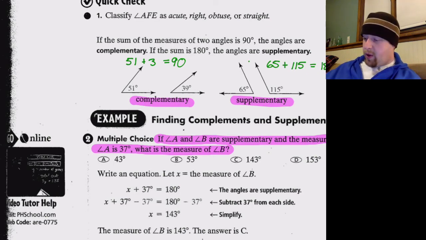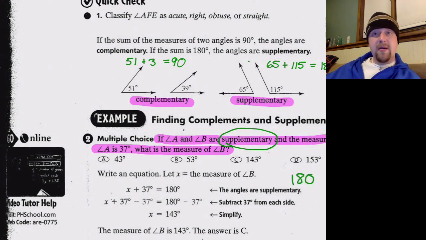They're using the keyword supplementary here, so you have to have 180 degrees total. If one of the angles is 37, you subtract that from your total. Notice that's what they're doing. They end up with 143 as the angle that's left over, and that would be the supplementary angle for this problem.